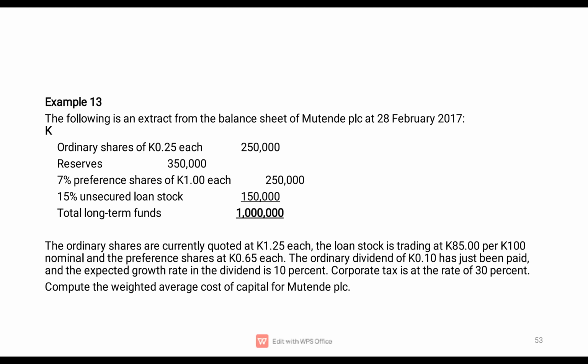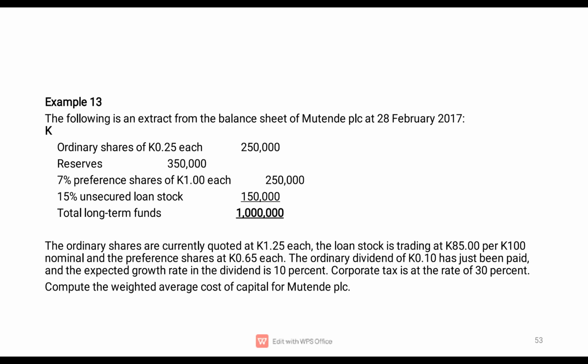So additional information is given. The ordinary shares are currently quoted at 1 kwacha 25 ngwe each. That's the market price. The loan stock is trading at 85 kwacha per 100, which is the same as 0.85.